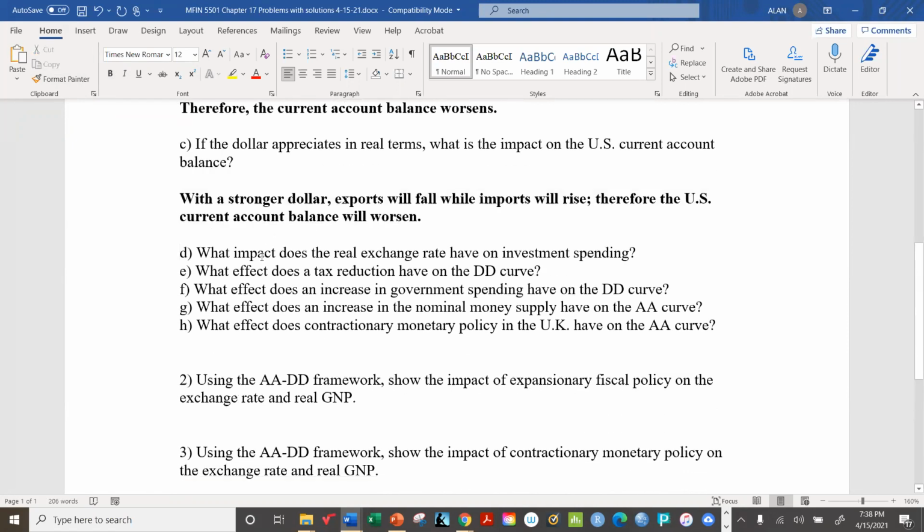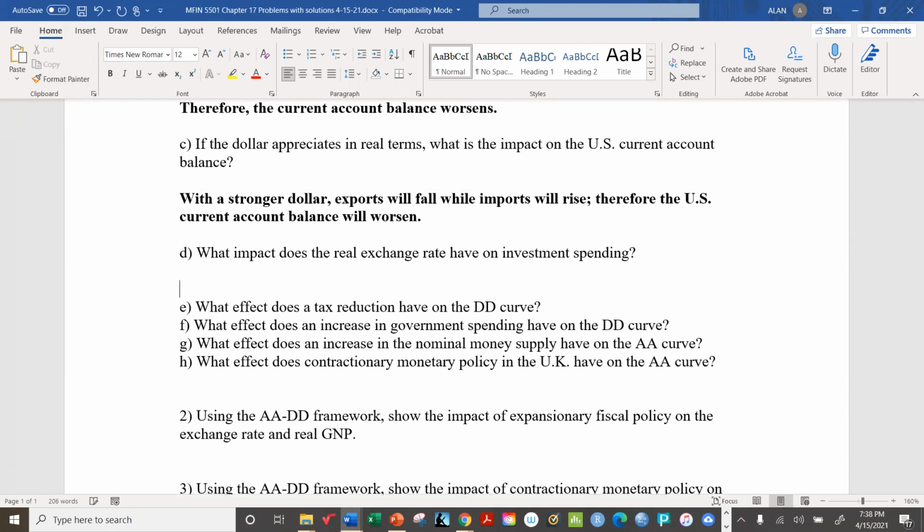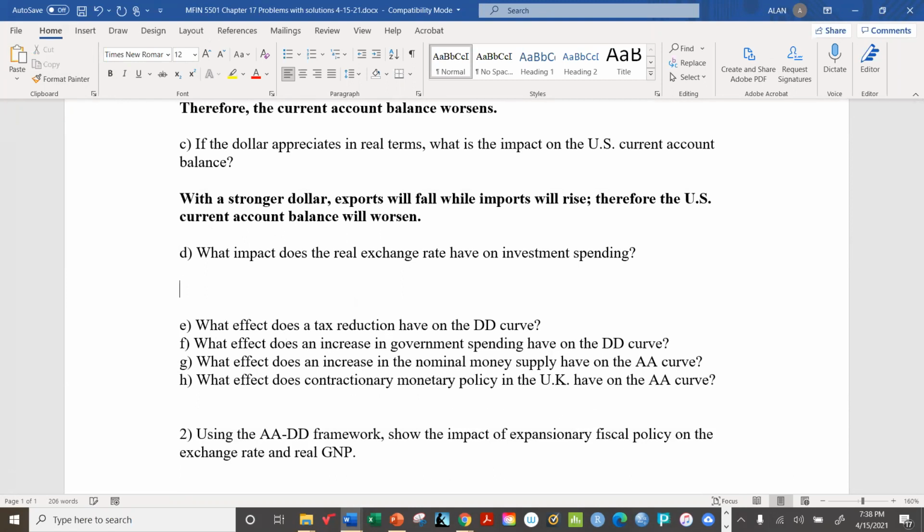What impact does the real exchange rate have on investment spending? Now, this is an assumption that we're making in the book, but investment spending is assumed to be independent of the real exchange rate.